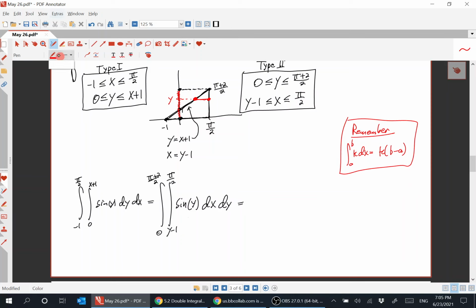Just a little shortcut there to help out. So this is pi over 2 minus y plus 1 times sine y dy.